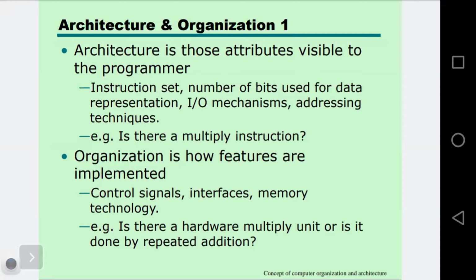As I discussed earlier, the architecture means the lower level. So organization means the higher level. It is a little confusing, because we are going into detail, how we actually implemented, but it is the higher level concept and architecture is the lower level concept.